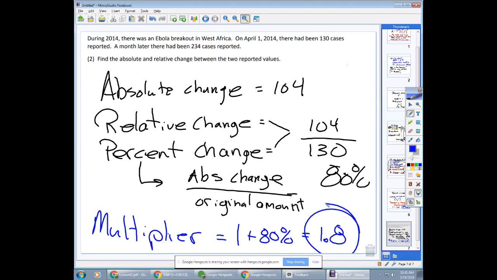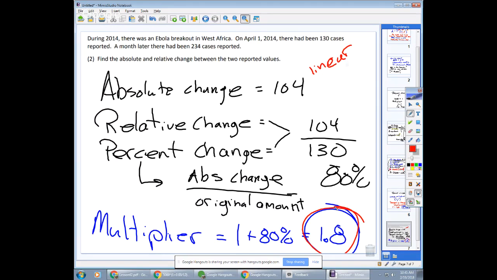So linear change is saying we're always going to go up by 104 cases. So if we're at 234 in month 2, in month 3 we would be at 338. That would be linear change, always going up by 104. Exponential change would be always multiplying the previous number by 1.8.